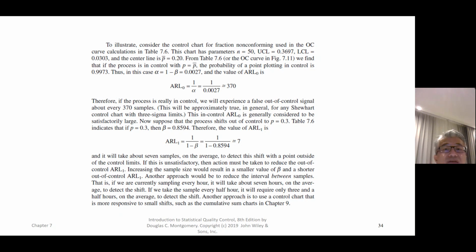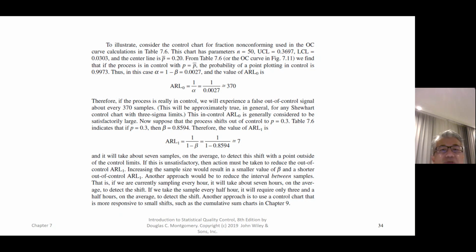So with 1 over (1 minus beta), you need approximately 7 samples on average to detect such a small shift with a point outside the control limit. If this is unsatisfactory, then action should be taken to reduce the out-of-control ARL.